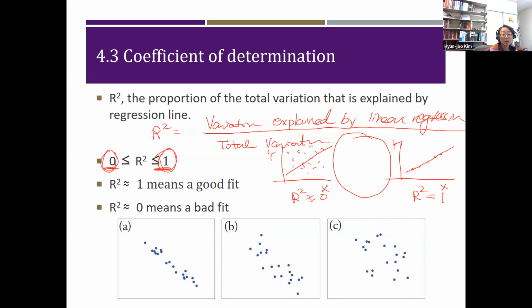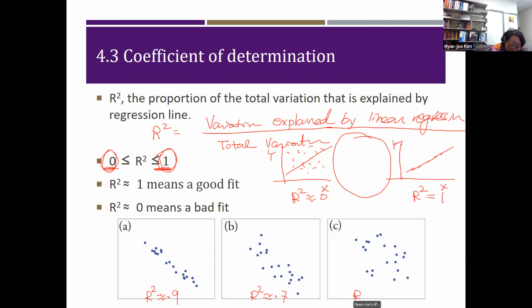In other words, R square close to 1 means good fit. R square close to 0 means bad fit. Going back to our scenarios, for the first one, your R square is probably close to 0.9 or 0.8. For the second, I would guess, not the exact value, maybe 0.7-ish, 0.6-ish.